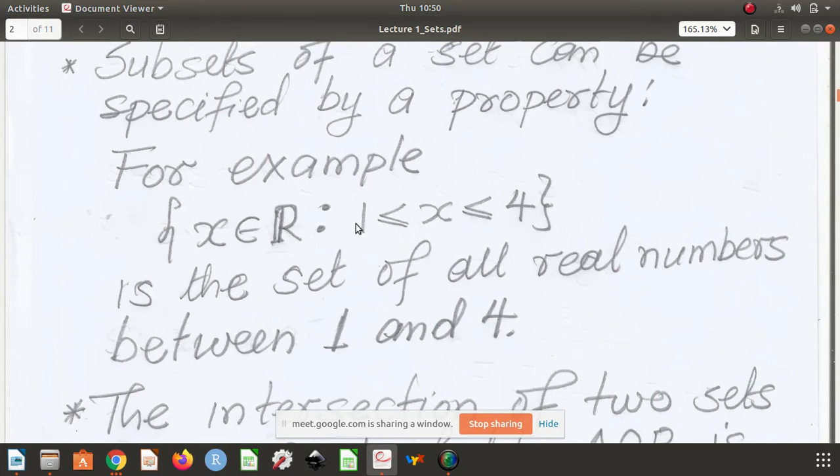So this is the set of all real numbers which lie between 1 and 4, including 1 and 4. Right? So this is one way to denote sets, by just the property that is satisfied by elements of the set. And now this one is a subset of the set of real numbers.